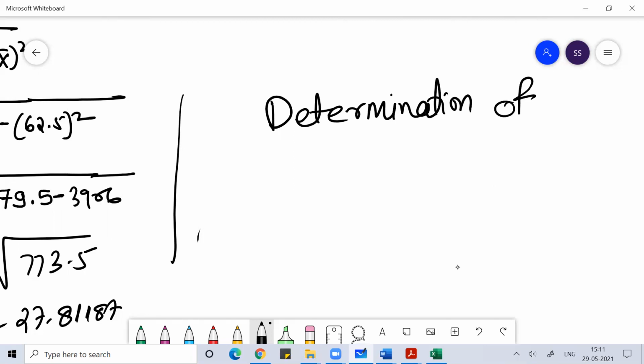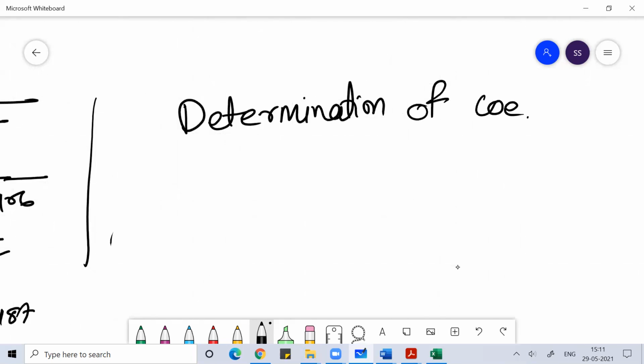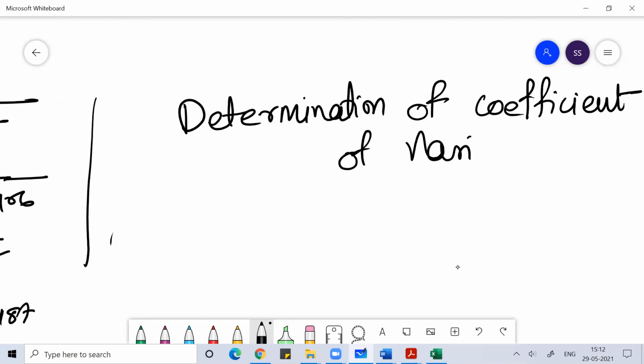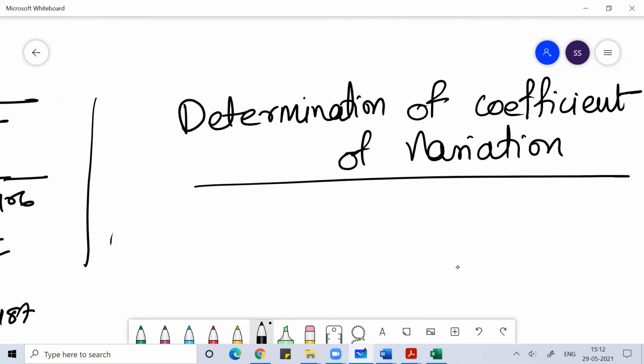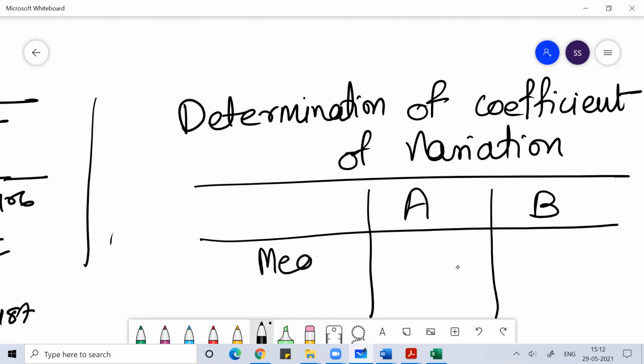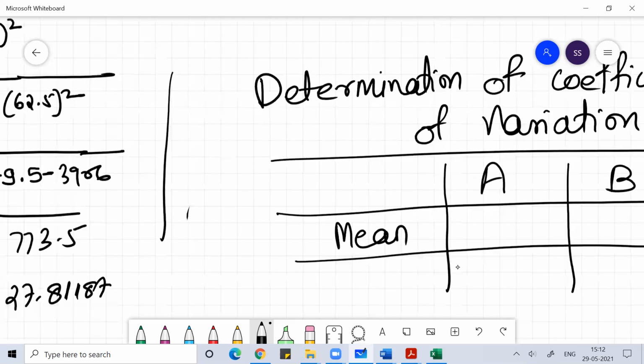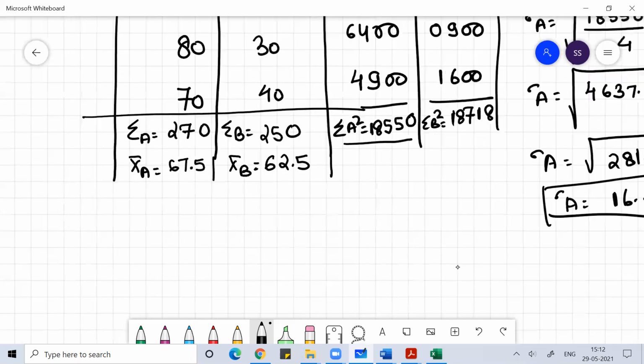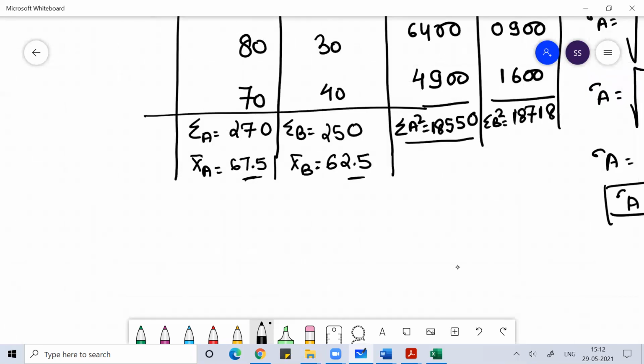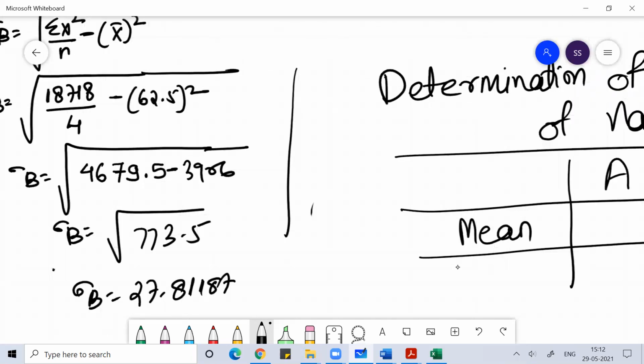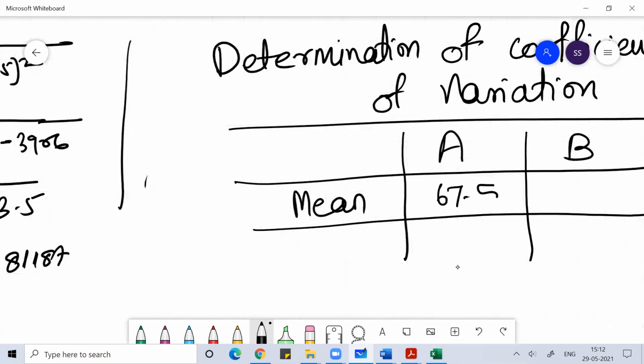For that, we have A, we have B, and the mean values of A and B: 67.5, 62.5.